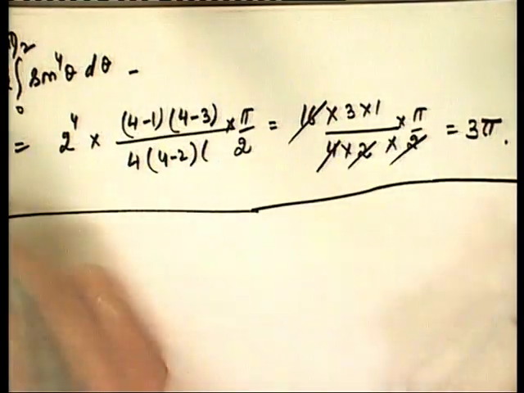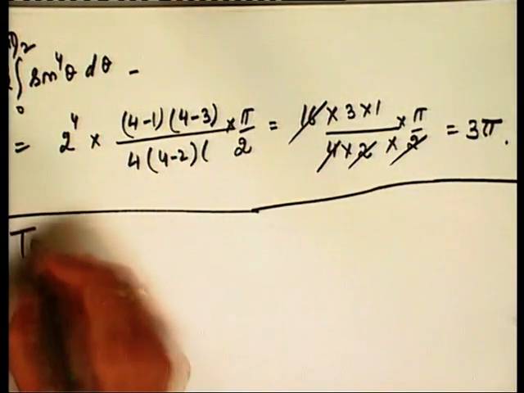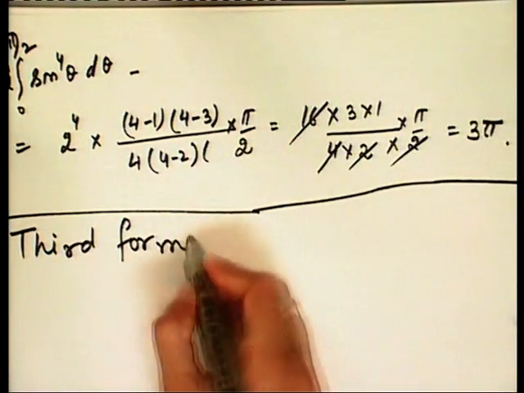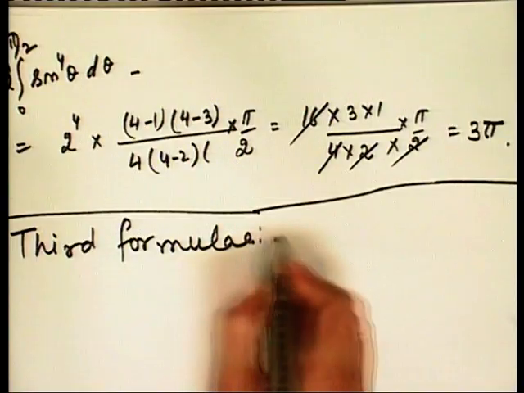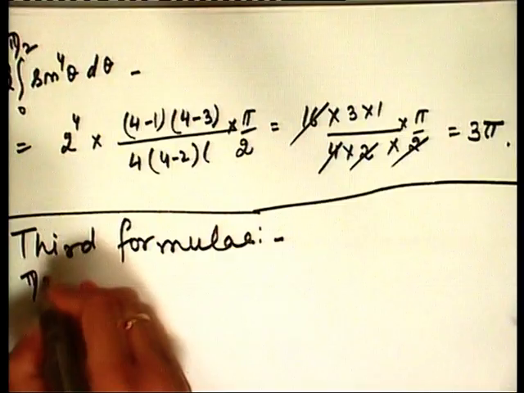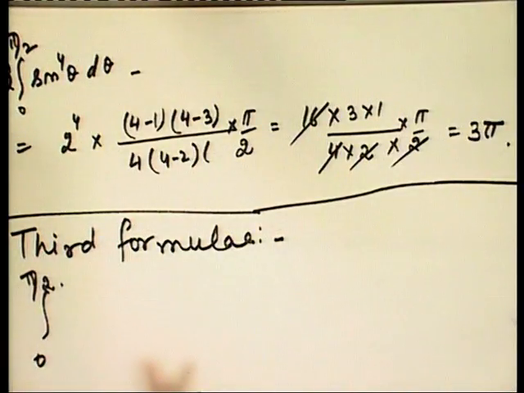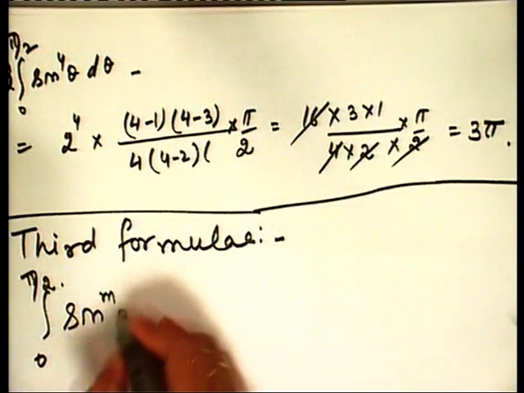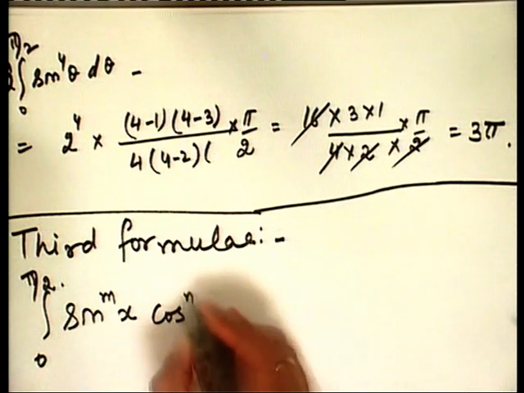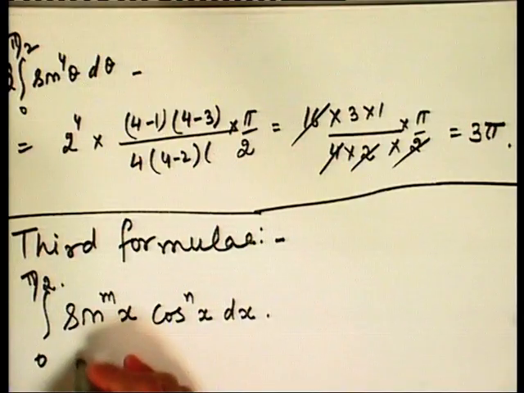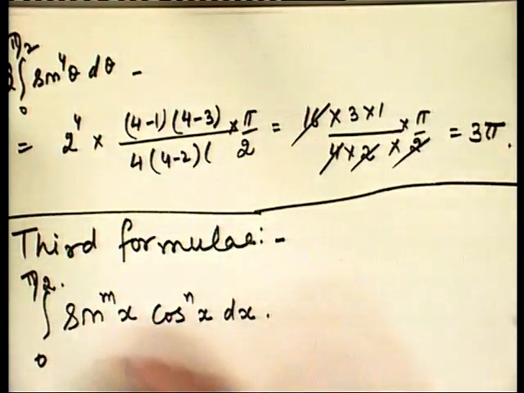Now the third formula of integration, when the limit is 0 to pi by 2 and the integrand is sin mx cos nx dx, where m and n are positive integers.